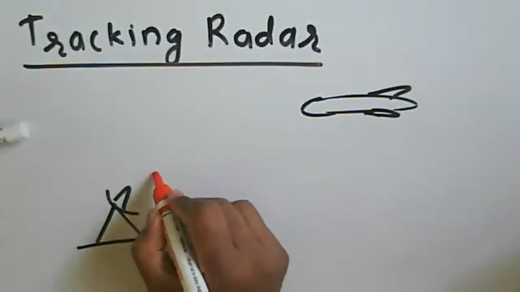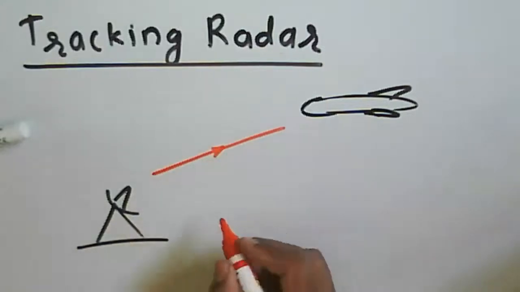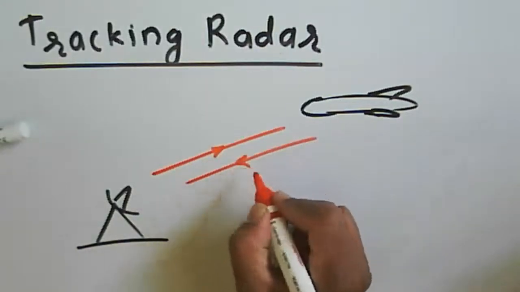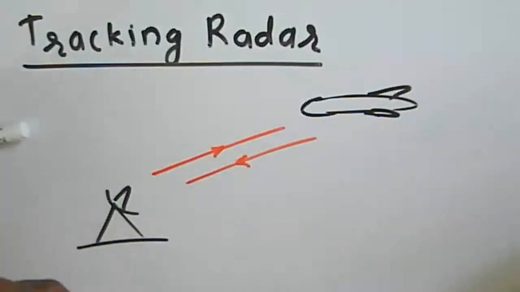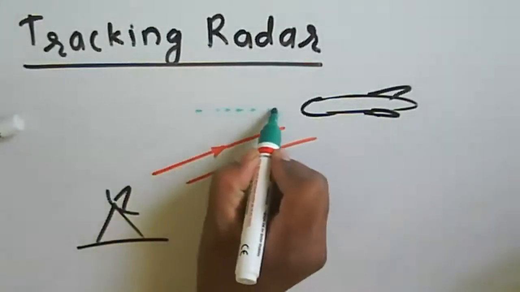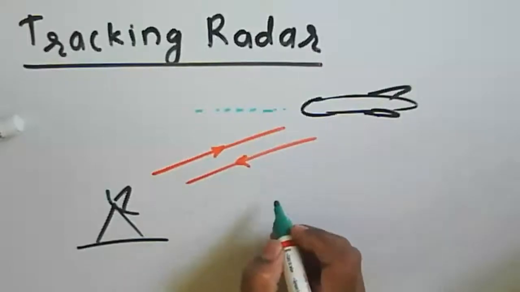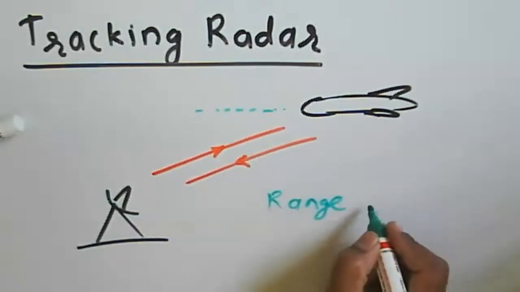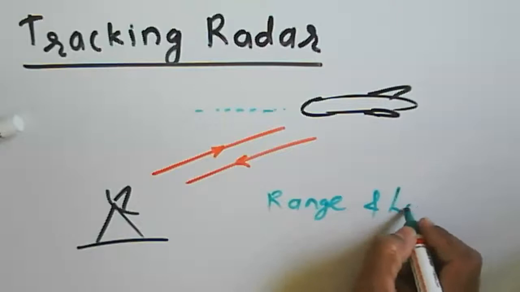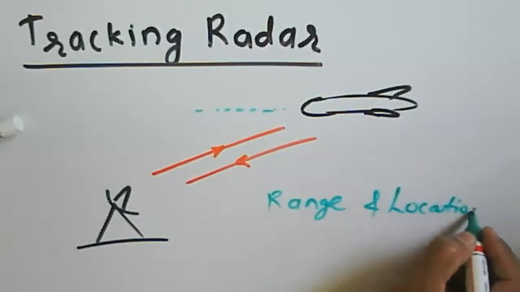In that case, we have a signal, and we are receiving the echo signal from the target. And if it is a moving target, then a moving target has some particular speed. So we need to find out what the range will be, and we need to know what the location will be. Location means position.